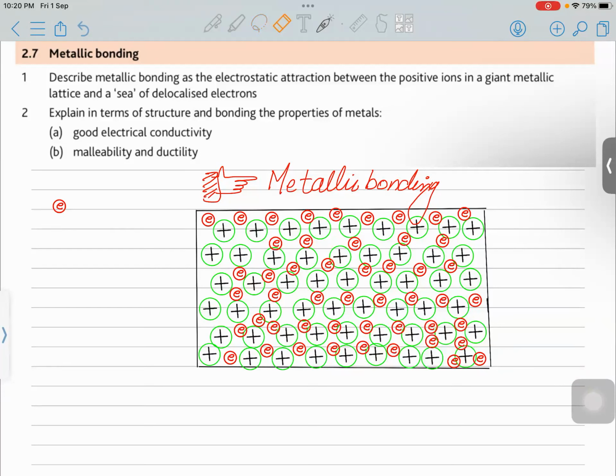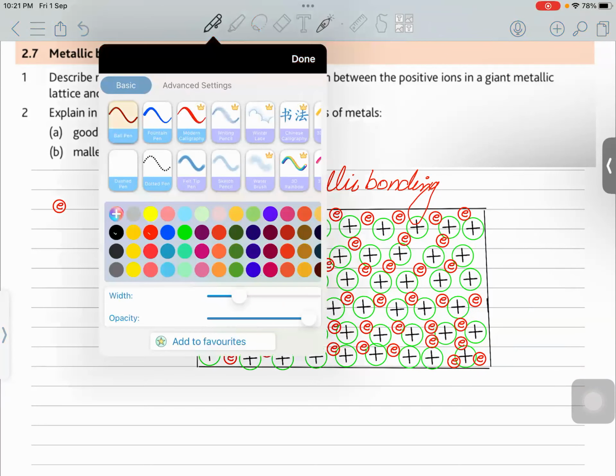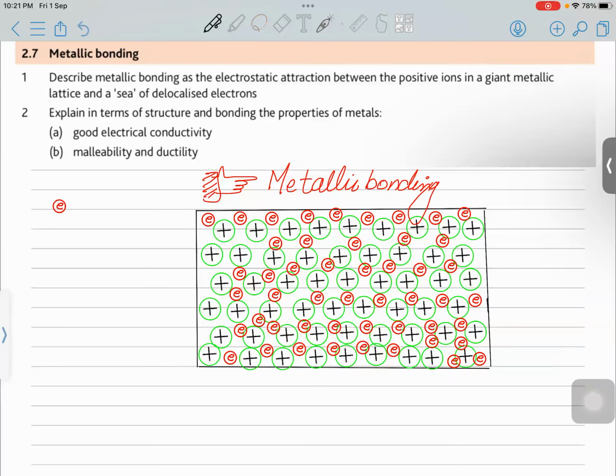Now look, this is a metal surface, right? In your home you have iron, right? On the surface of iron we have delocalized electrons, right? For example, it is sodium. You know that sodium has one valence electron.